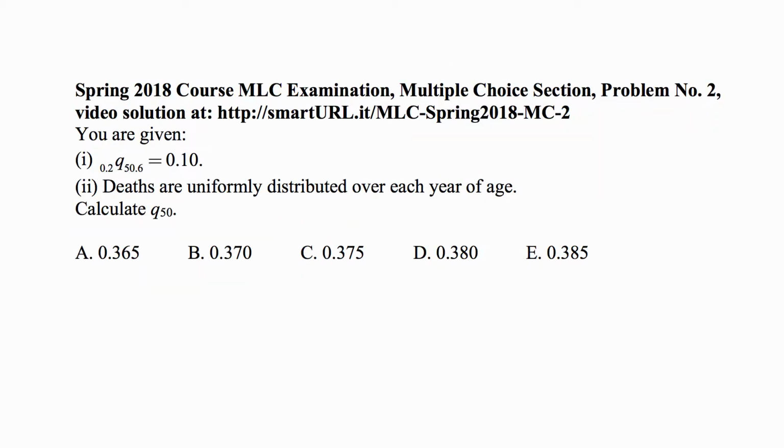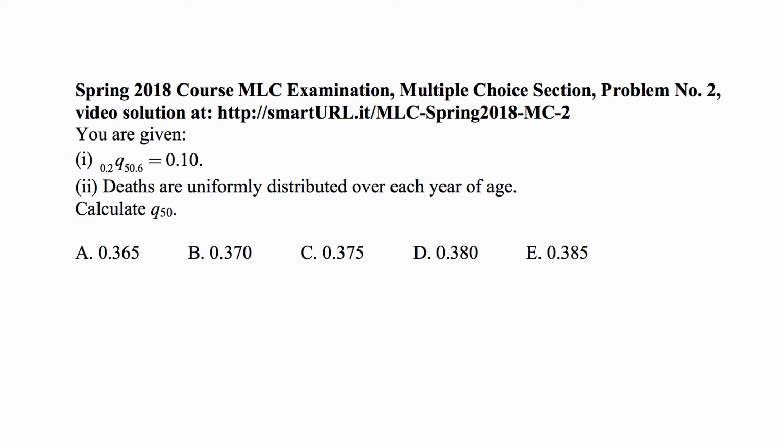Here is a problem for today. It's the second multiple choice problem from the last exam MLC, but it's a practice problem for the new exam LTAM, which starts in the fall of this year. This end of April exam MLC was the last exam MLC. It's from that exam, but the material is still on the new exam LTAM.